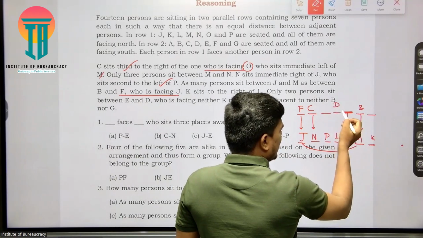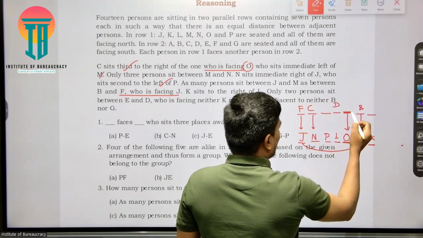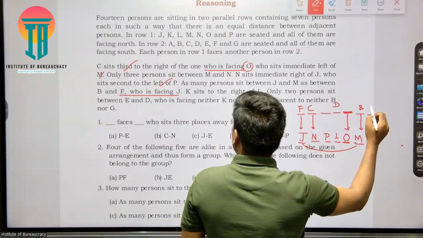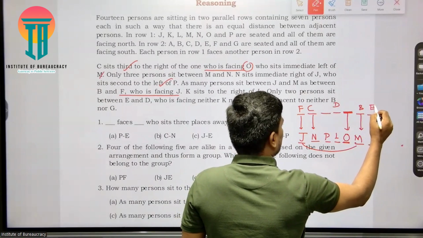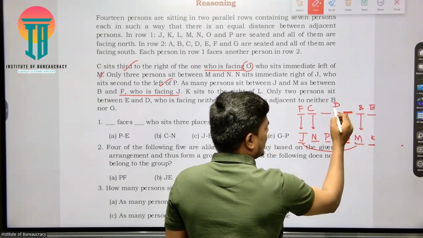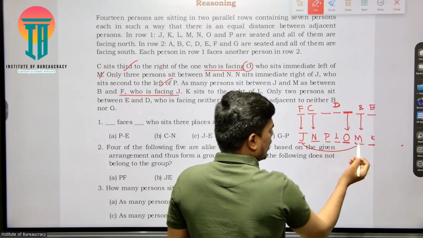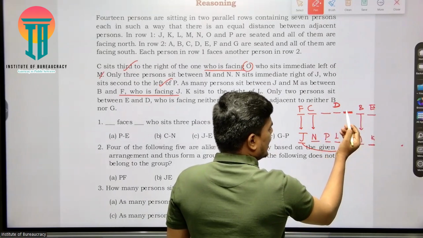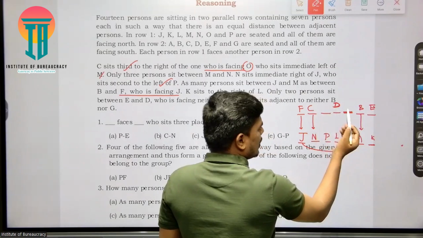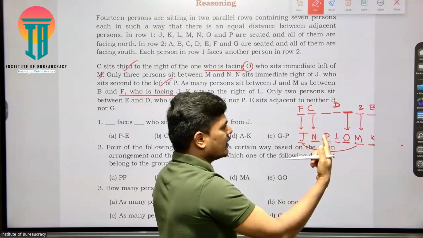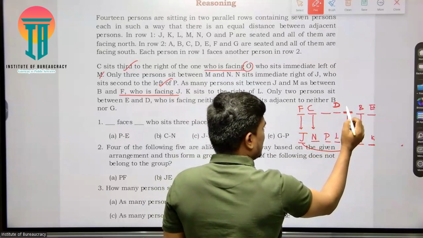If D comes here, there should be 2 between D and E. D and E. So D can come only here and then E can come here, because D cannot come here and also D cannot come here. D can come here, but in between D and E we should have two members. Therefore, that possibility is ruled out if you put D here.